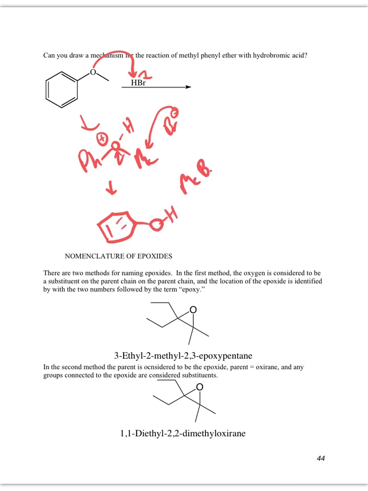So that gives us methyl bromide and phenol. Now, when we're at the phenol, yes, we can protonate it. But once we protonate the phenol, is there anything we can do to this carbon of the aromatic ring?